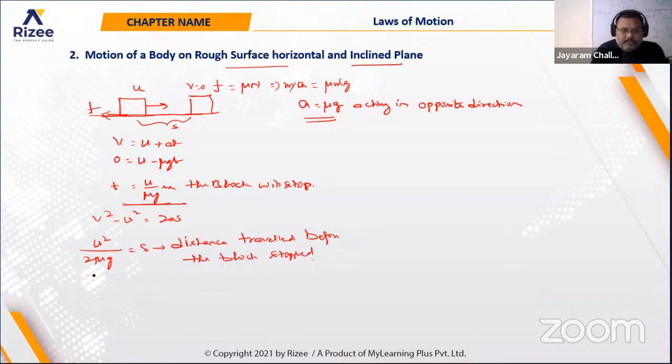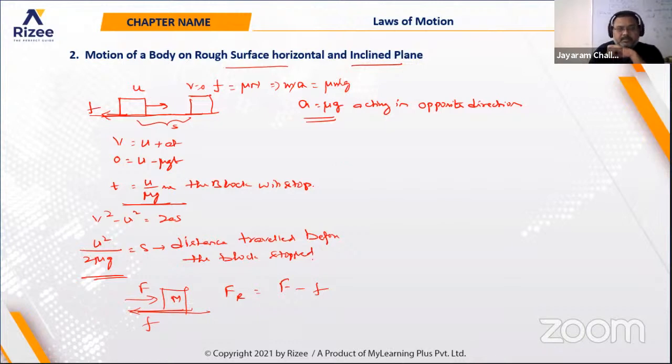Like this you can find out things in horizontal motion. Or else, if a block of mass m is being applied with a certain force on this side, and on a rough surface friction acts in this direction, then you can obtain the resultant force as F minus frictional force, where F is the applied force.